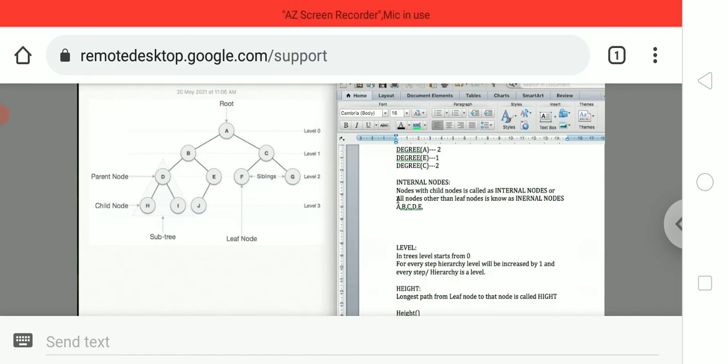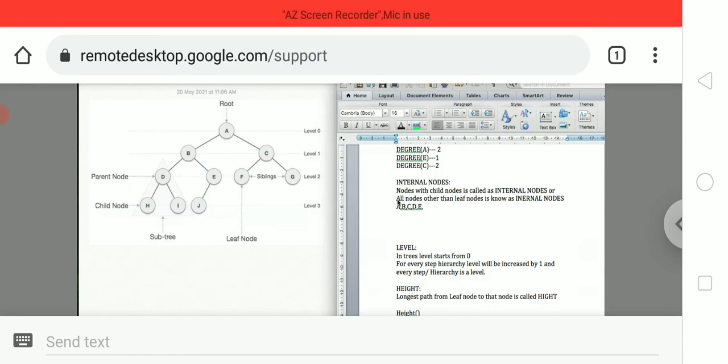And height. Height means longest path from leaf node to the node is called height. So if I like to find out the height of A, we already discussed we have to see the longest path only.